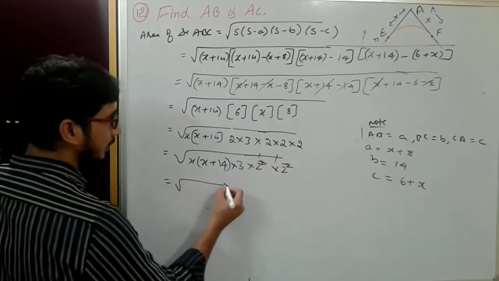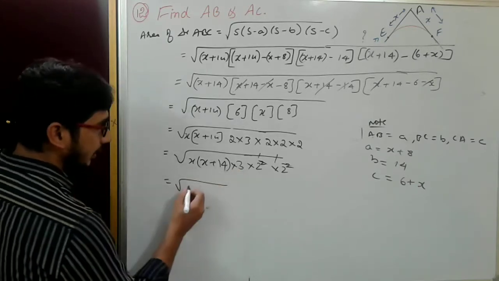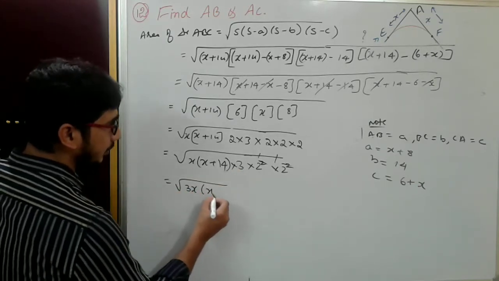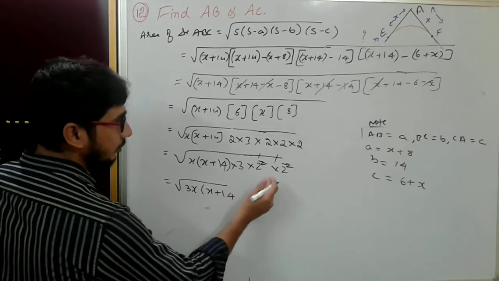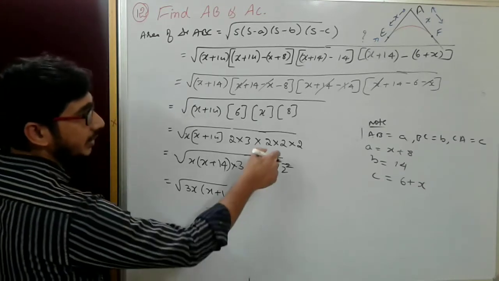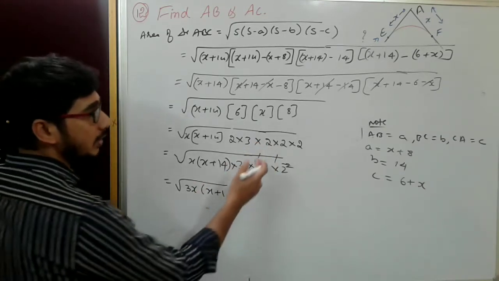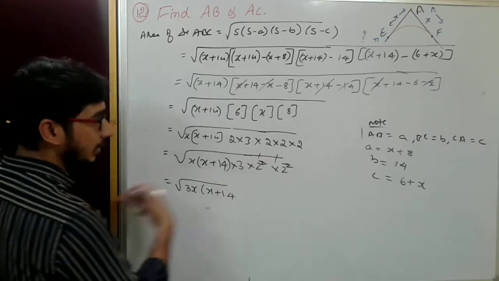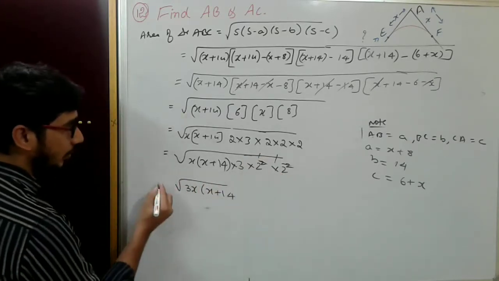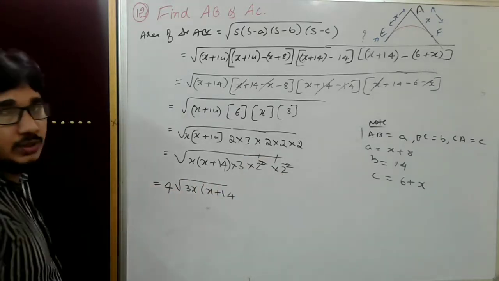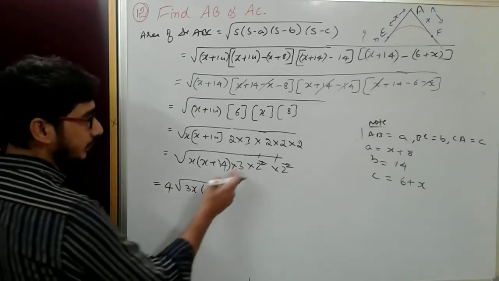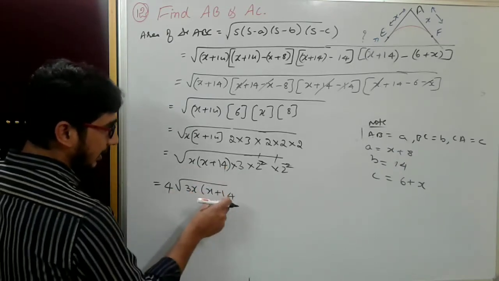So what will happen? Okay, 3 into x, 3x under root x plus 14. Now these two came outside after getting cancelled by the root, square and the root. These two will come out. So 2 2s are 4, 4 will come out of the root. So 3 into x, 3x, this number as it is only.